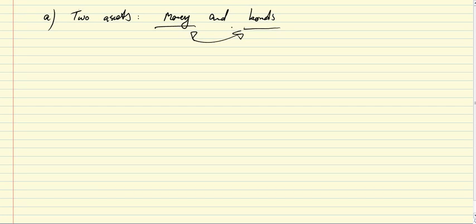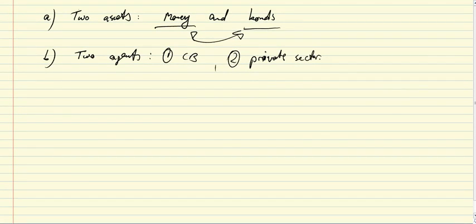So we have these two assets, and we have two types of agents. That's one, the central bank, and two, the private sector financial market participants. And these two interact.